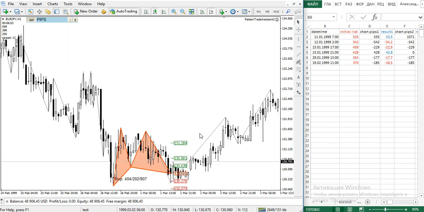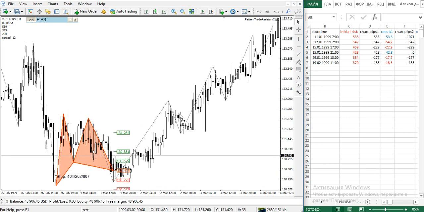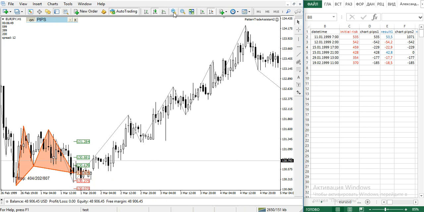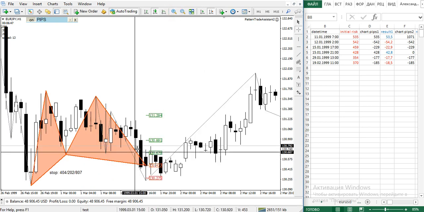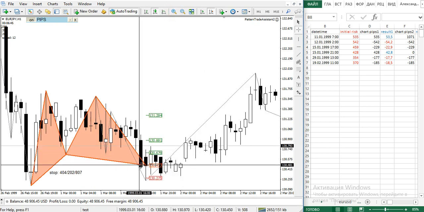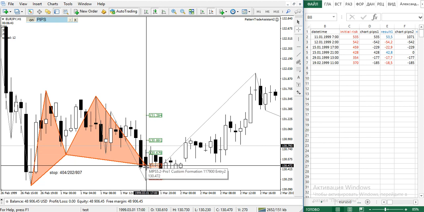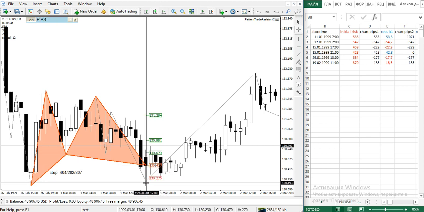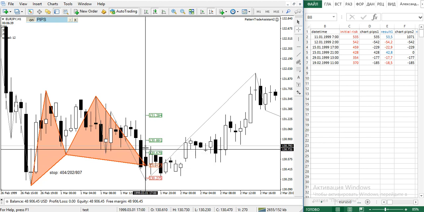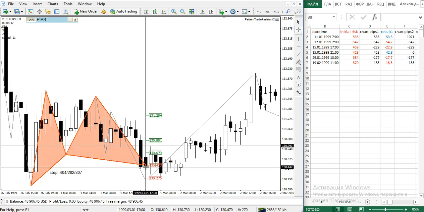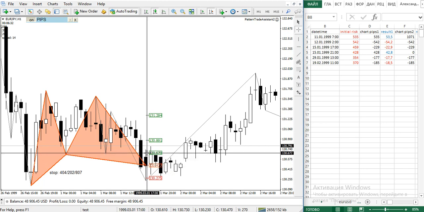Then let's go to the next pattern, and the next pattern looks this way. So we completed at this candle. We then opened, we went lower, then we went higher, and then we closed here. As we went higher, we hit our half take profit.